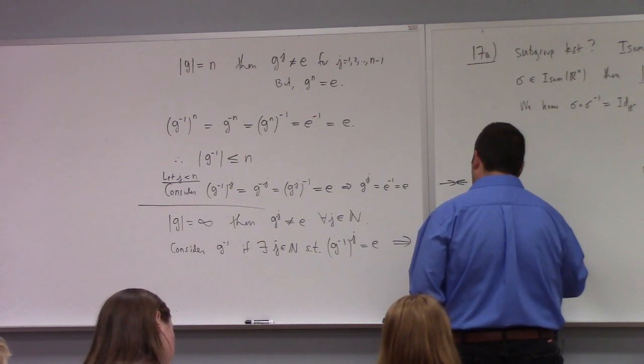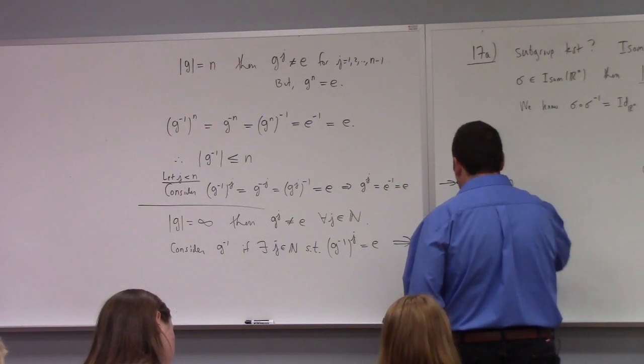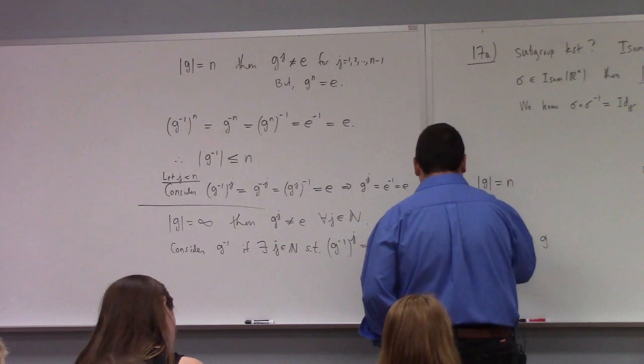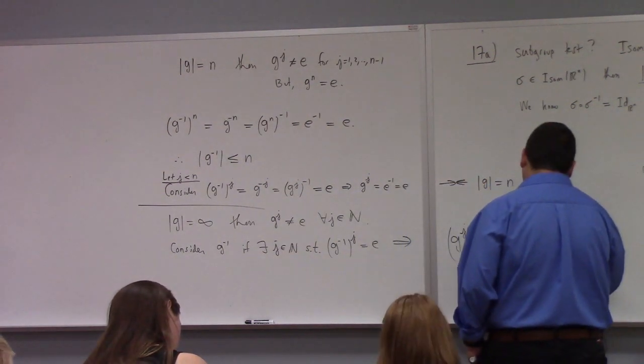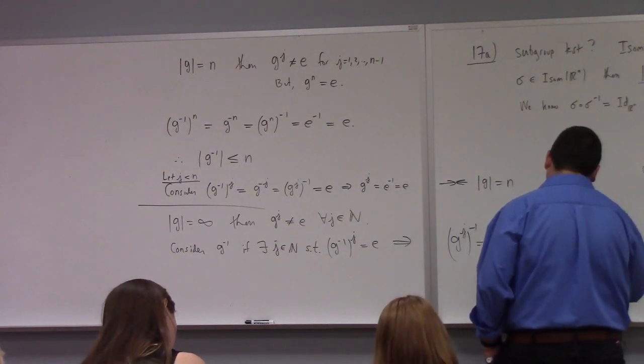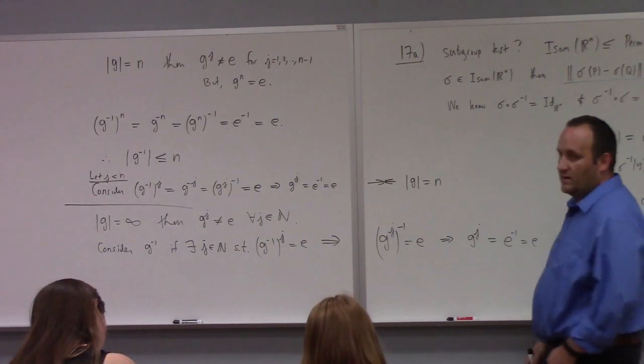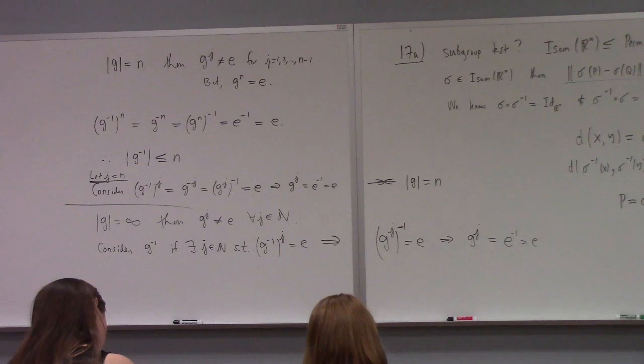That implies that g to the j inverse is equal to the identity, which says that g to the j is equal to the identity inverse, which of course is the identity. Therefore, we have found a finite j that when g is raised to that power gives the identity.